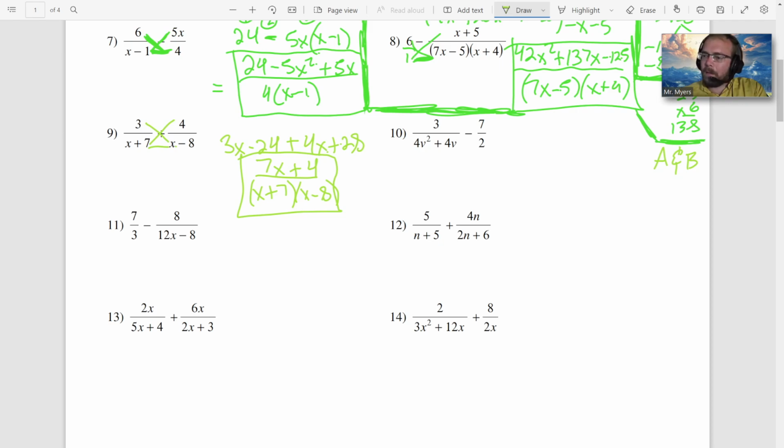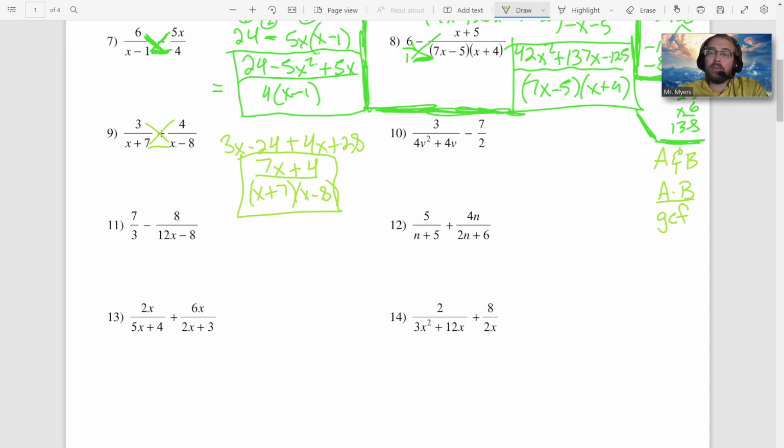So basically, if we're trying to figure out what the least common multiple of two things is, all you really have to do is multiply them and then divide by their greatest common factor. And that will work all the time if you only have two things.